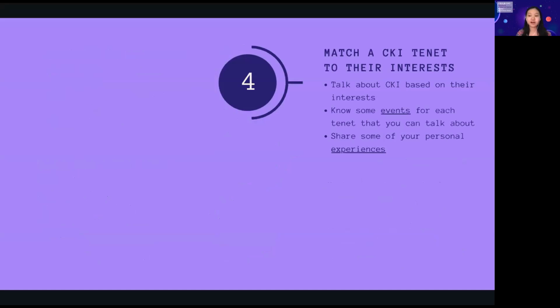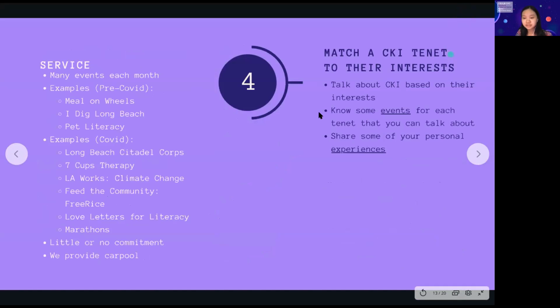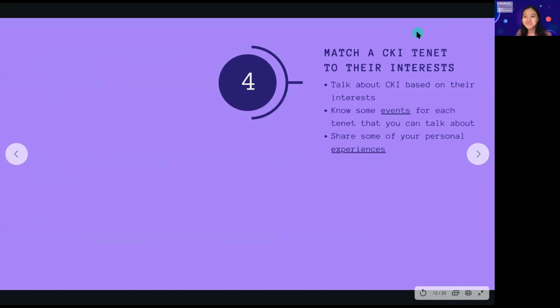So number four is to match a Circle K tenant to their interests. So talk about Circle K based on their interests, and make sure that you know some events for each tenant that you can talk about, and share some of your personal experiences. That makes it more convincing, more persuading for them to join.